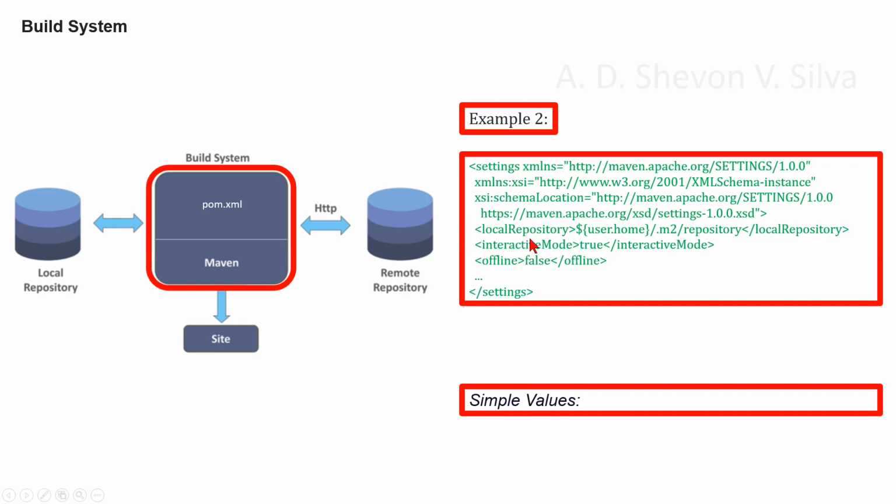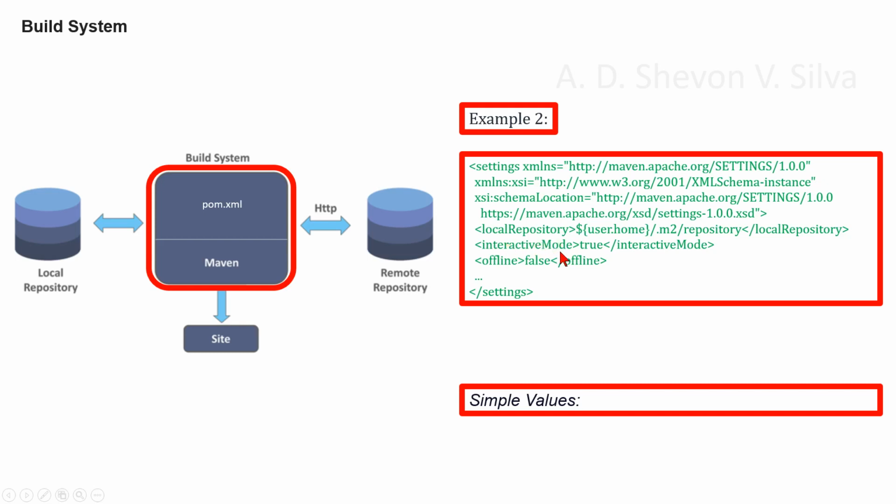Here, local repository: this value is the path of this build system local repository. The default value is ${user.home}/.m2/repository. This element is especially useful for a main build server, allowing all logged in users to build from a common local repository.